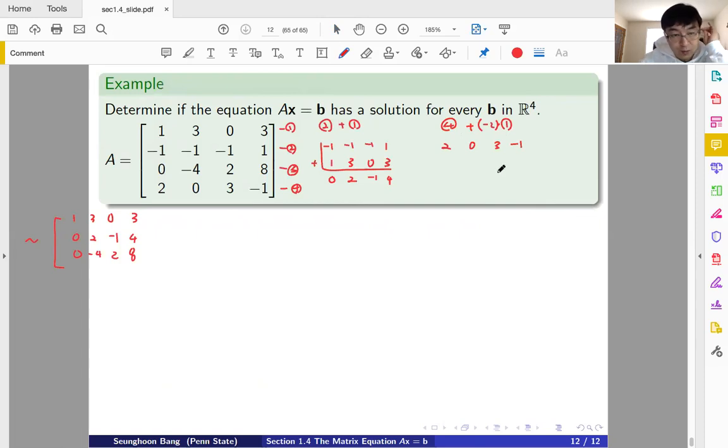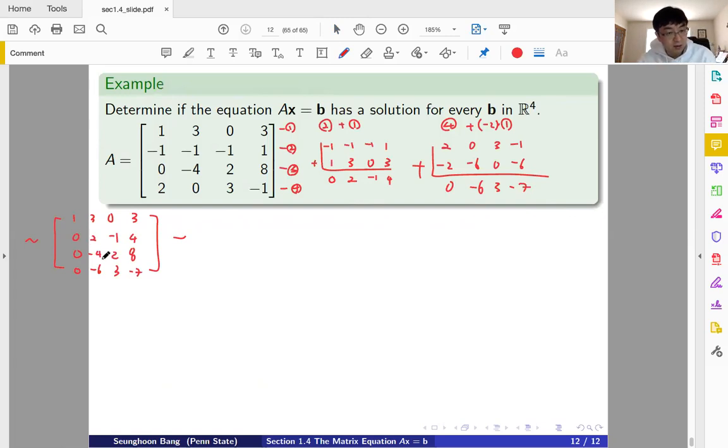The -2 times 1 is -2. 3 times -2 is -6. 0 times -2 is 0. The 3 times -2 is -6. You add it, so the row becomes 0, -6, 3, -7. So we change it to 0, -6, 3, -7.